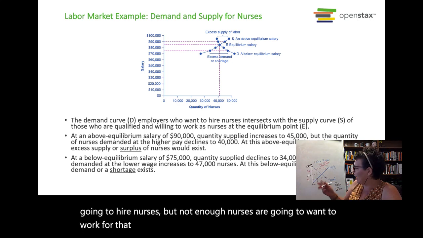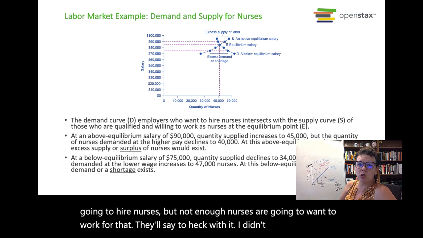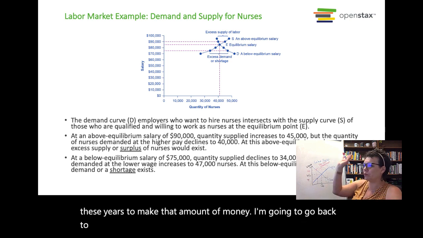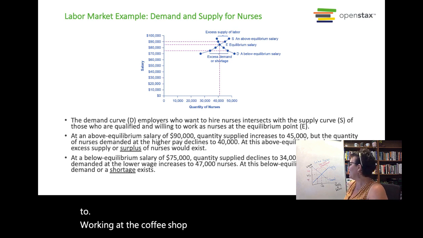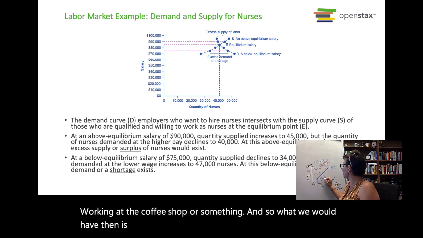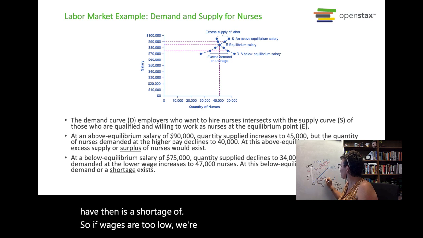They'll say, to heck with it. I didn't go to school for all these years to make that amount of money. I'm going to go back to working at the coffee shop or something. And so what we would have then is a shortage of labor. So if wages are too low, we're going to have a labor shortage.